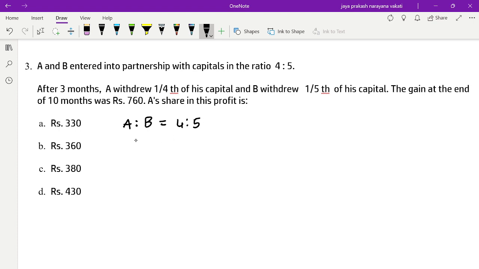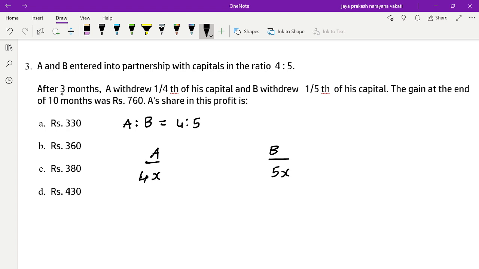Fine. So here we need to remember one thing, guys. The investment is not the same for the whole time period. The investment is getting changed. So from the ratio, this is A and this is B. Can I say that A is investing 4 units, which is 4x, and B is investing 5 units, where I'm assuming the common part as x.